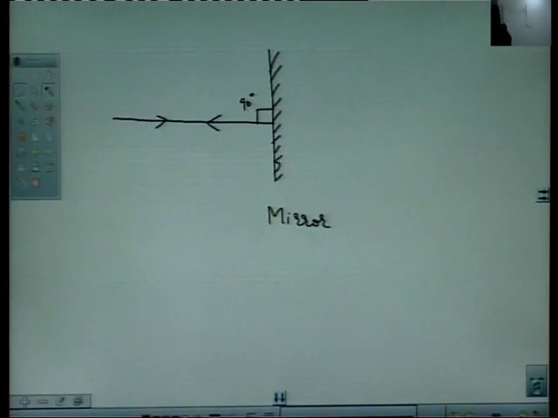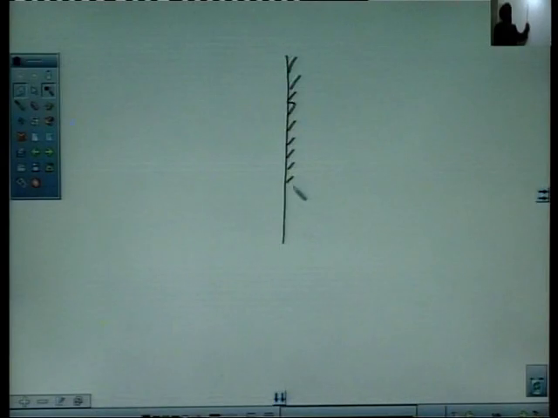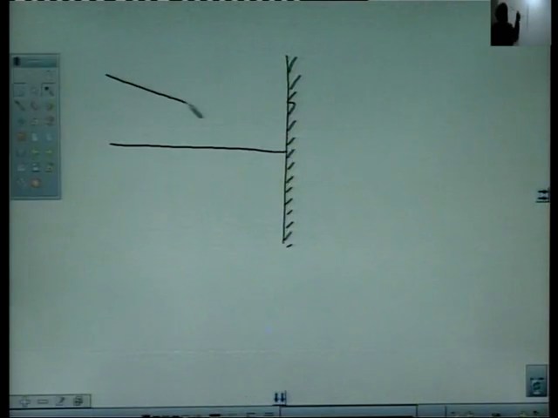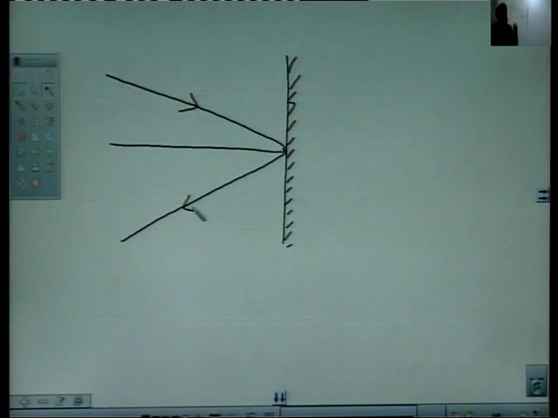On the other hand, if it strikes obliquely, that is at certain angle, it will reflect like this.